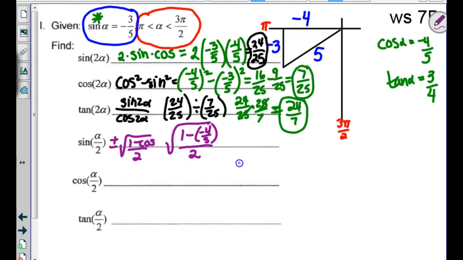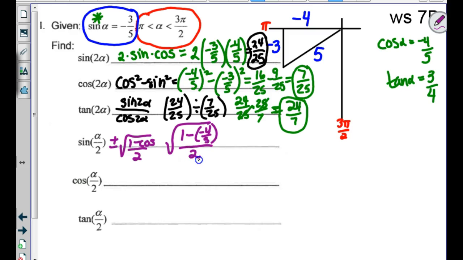Okay. You want me to show you the fractions or you want to just do it on your calculator? Okay, do the top first. Don't put the square root in because we want an exact answer. Do the top first. 1 minus negative 4 over 5 should become 9/5. Okay, and then you need to divide by 2.